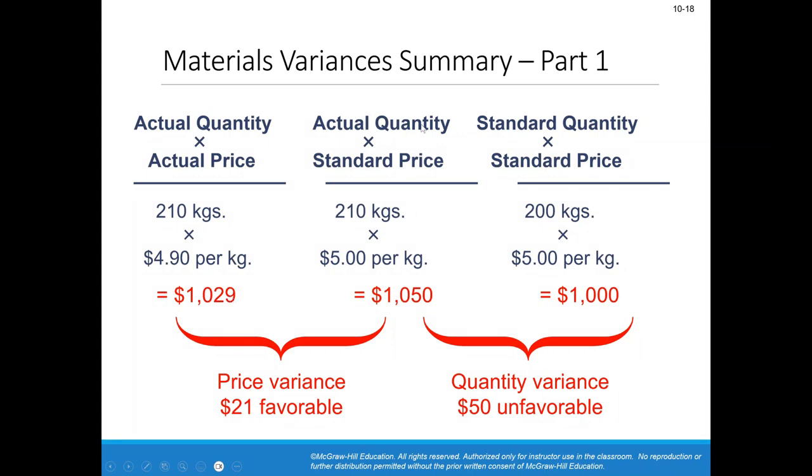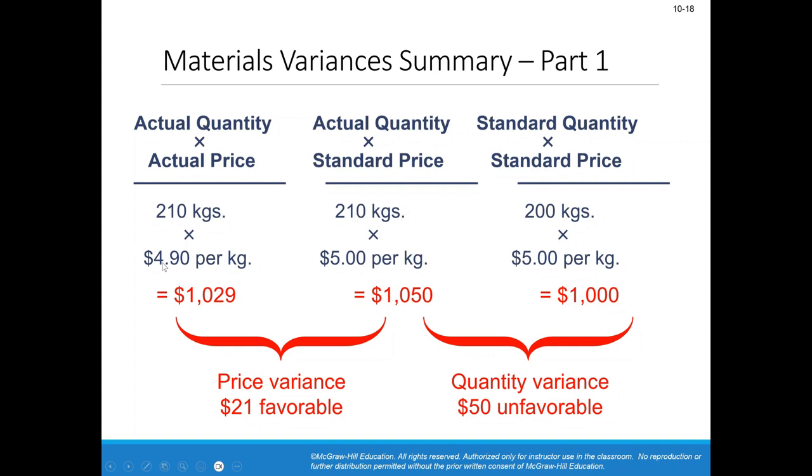And so the actual quantity, which was 210 kilograms, times the standard price is 1,050. So we know that because $4.90 is less than $5, that we have a favorable price variance of $21. However, we should have used 200 kilograms, but we used 210. So that's a difference of 10 kilograms.